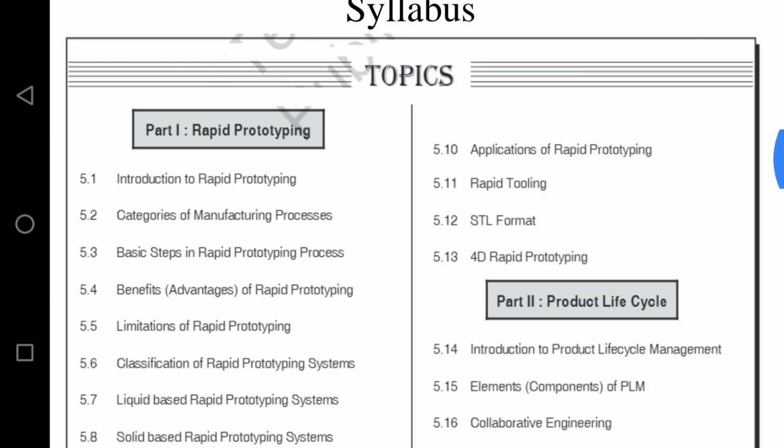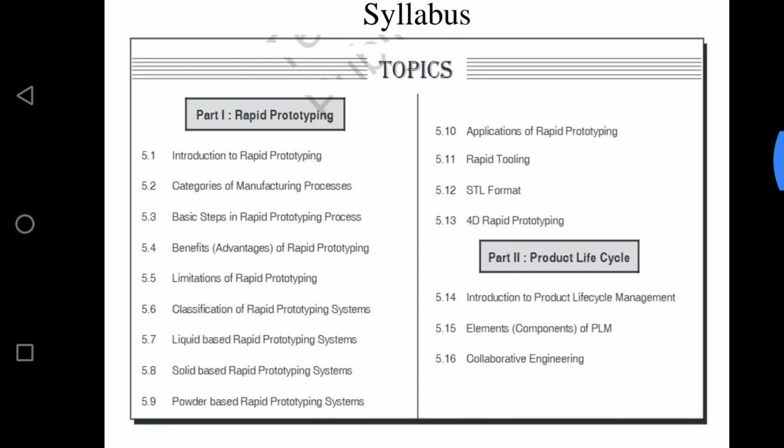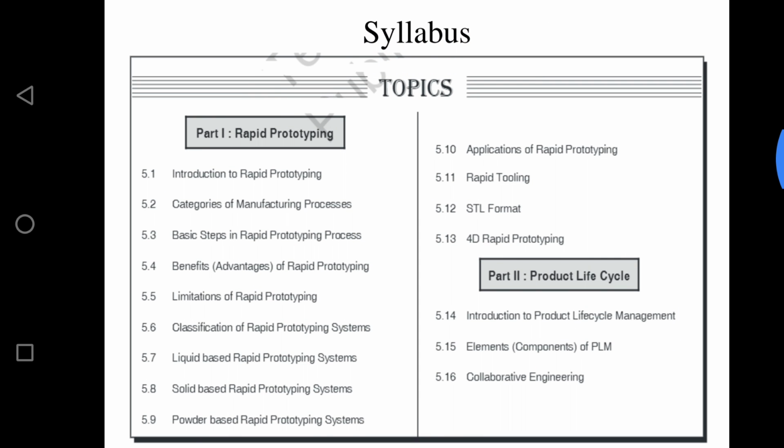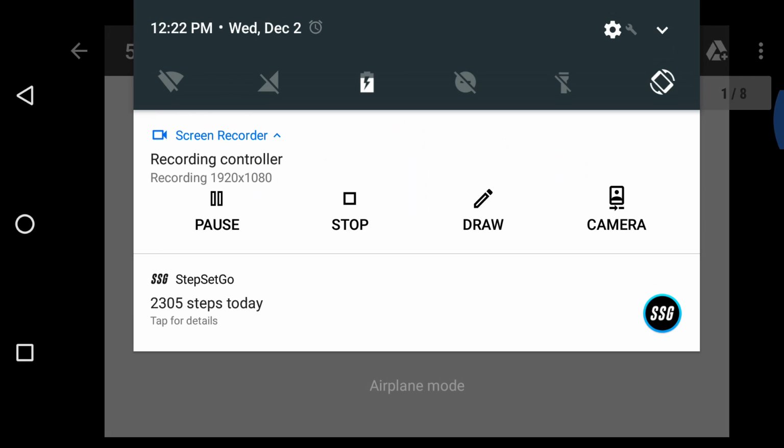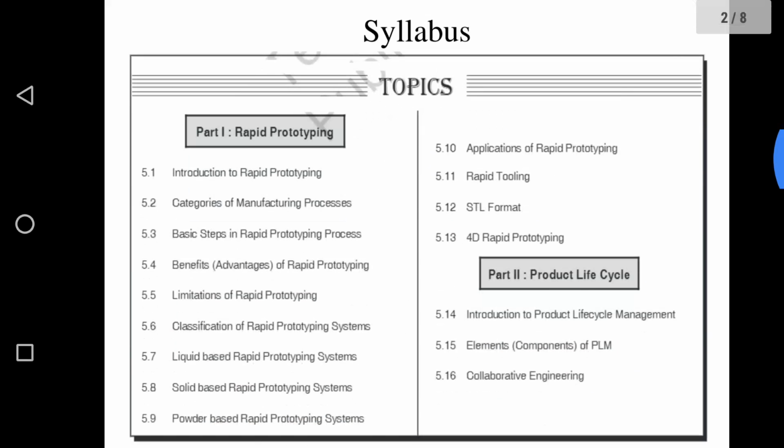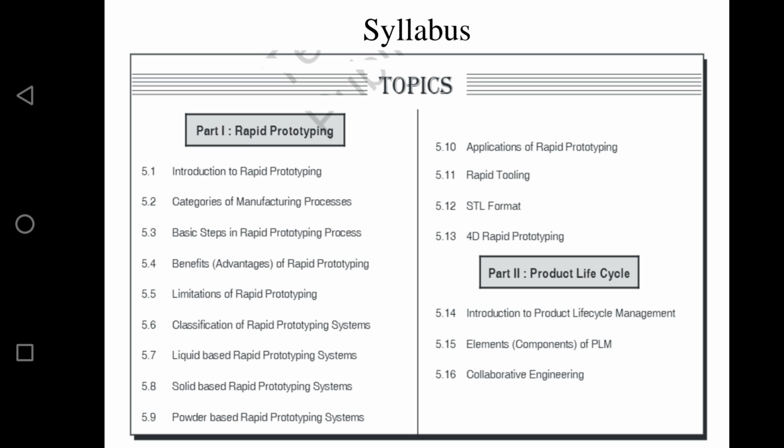So if we are studying any subject, we have to know what is the syllabus we are going to cover. You have to know that one. Well, the first part of the fifth unit is rapid prototyping. Okay, first part is rapid prototyping.